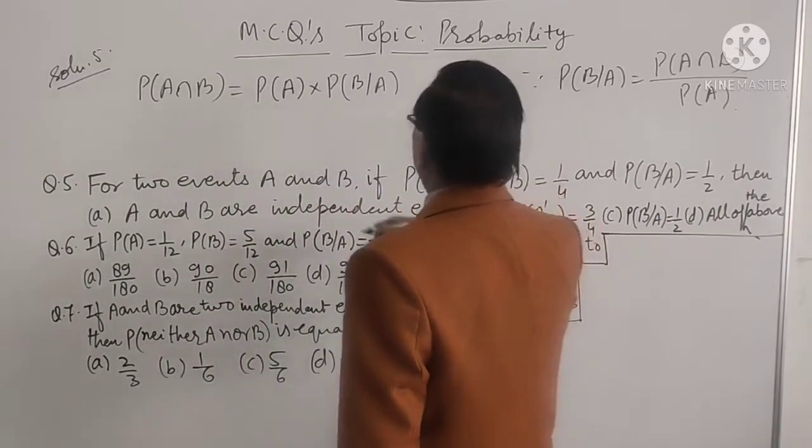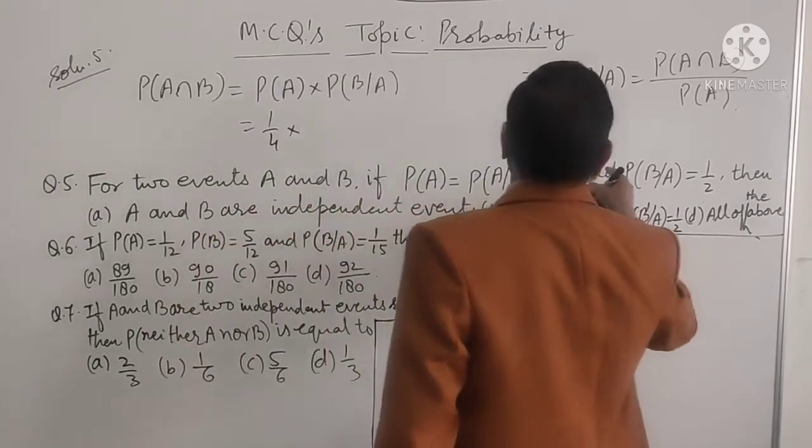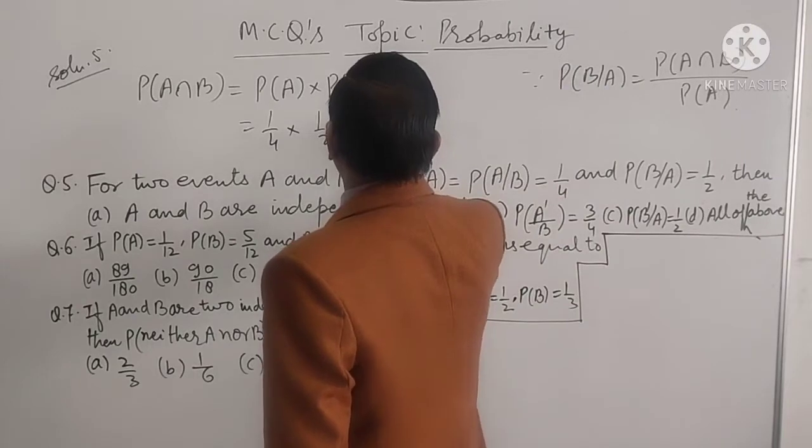So here P(A) is given 1 by 4, P(B|A) is 1 by 2, so it is 1 by 8.